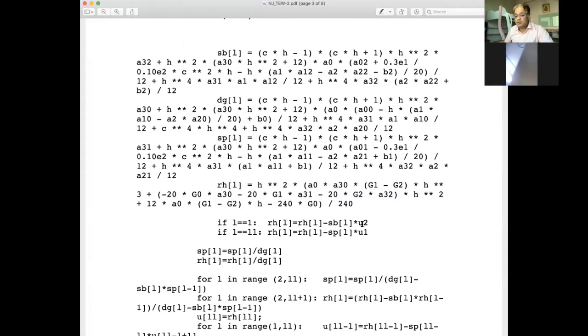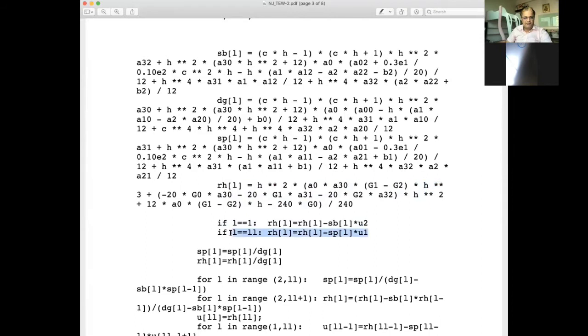What is this U2? U2 is UL minus 1. So it is L minus 1. L is 1, so it is 1 minus 1, it is 0. It is U0. U0 is known to you beforehand. That is why I have done it like this. This is for the Dirichlet boundary condition. Similarly, for L equal to LL, here it is sub, going to the right hand side.